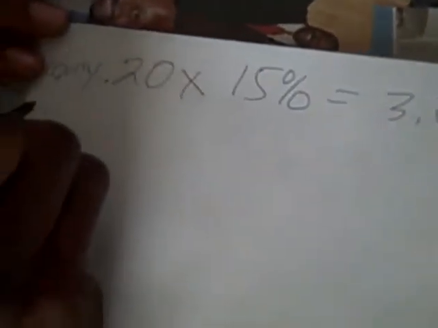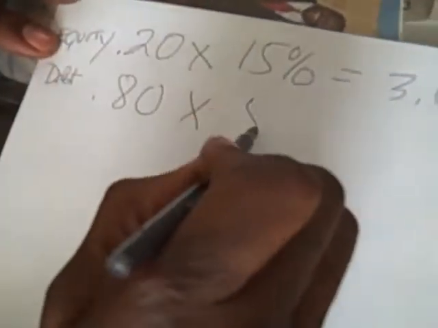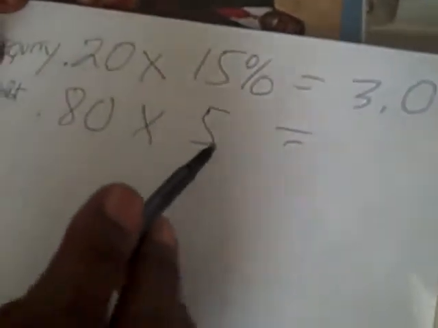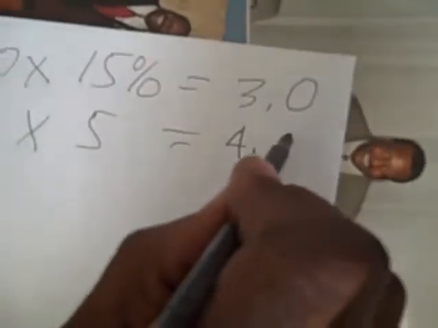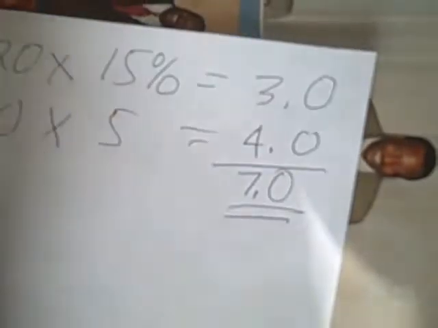Now let's say your debt is 80%, times, I told you, a 5% constant: 0.80 times 5 is 4.0. That's a 7% cap rate.